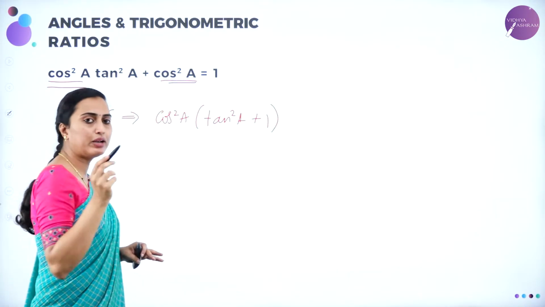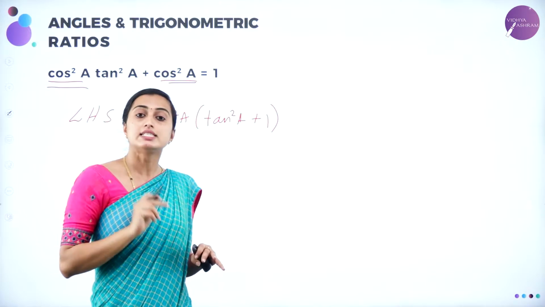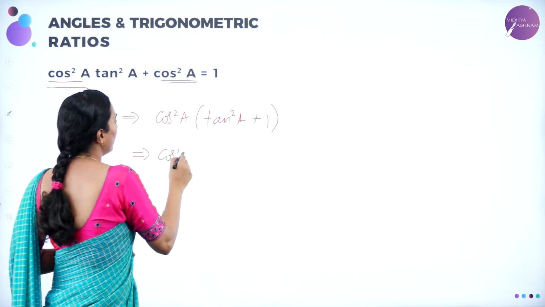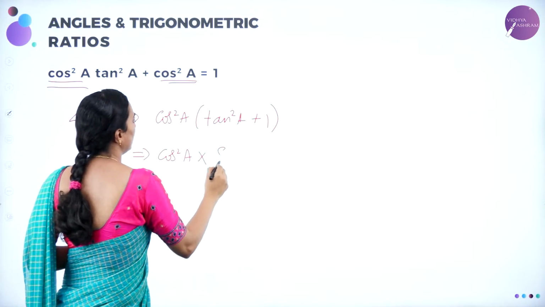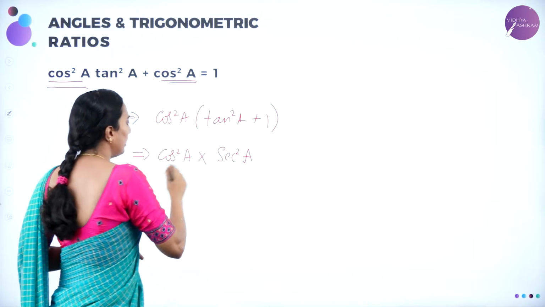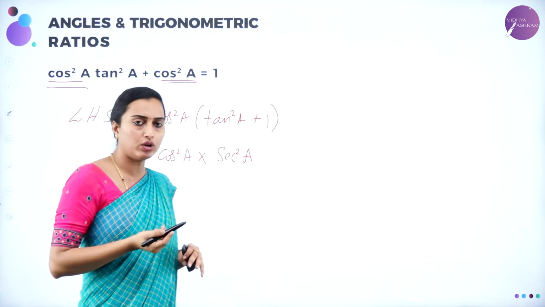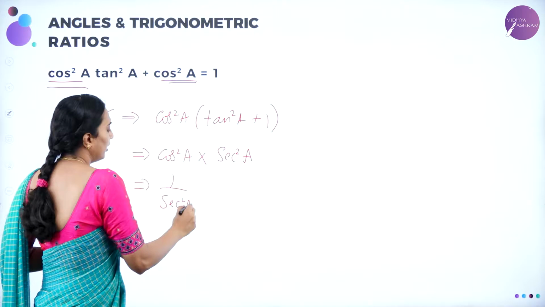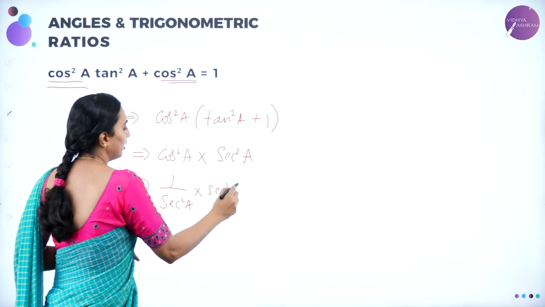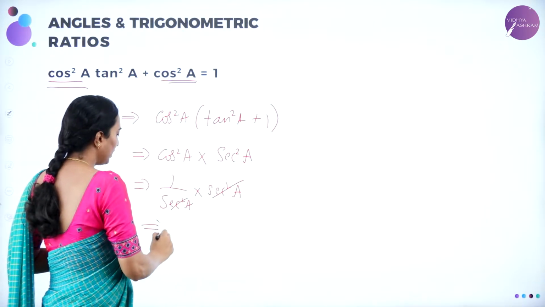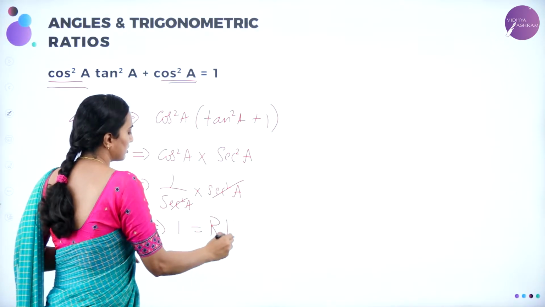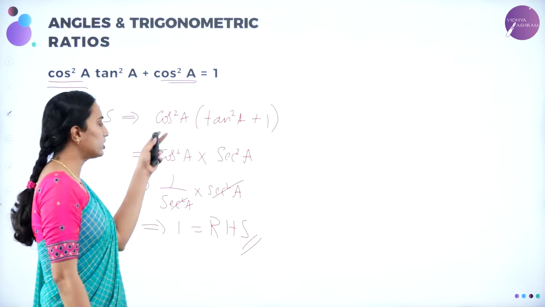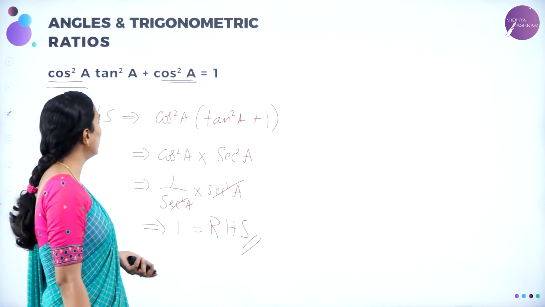You know already 1 plus tan squared A can be written as secant squared A. So therefore you are going to write cos squared A into secant squared A. Now either of them you can write as a reciprocal. Therefore you are going to get 1 by secant squared A into secant squared A. Cancelling, you are going to get the answer as 1, which is your RHS. Correct? You understood? By taking cos squared A as common. We'll move on to the next one.